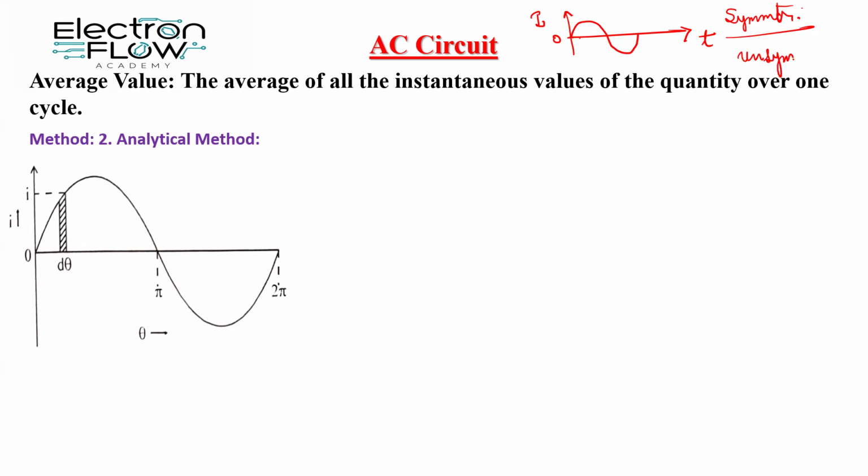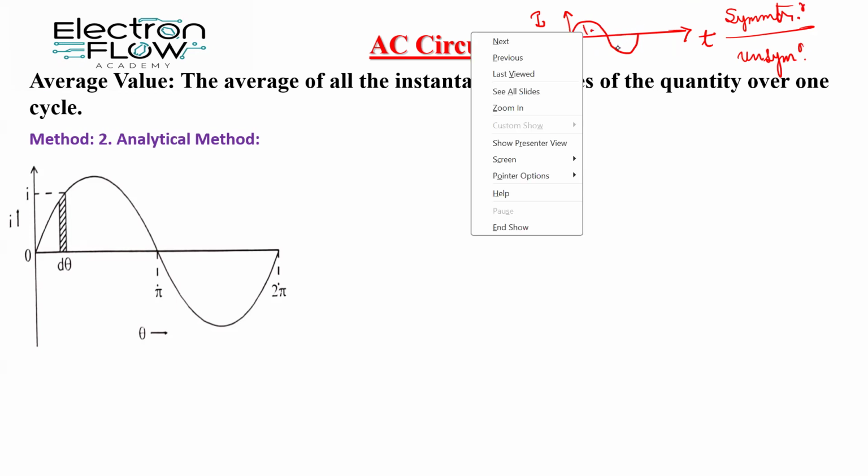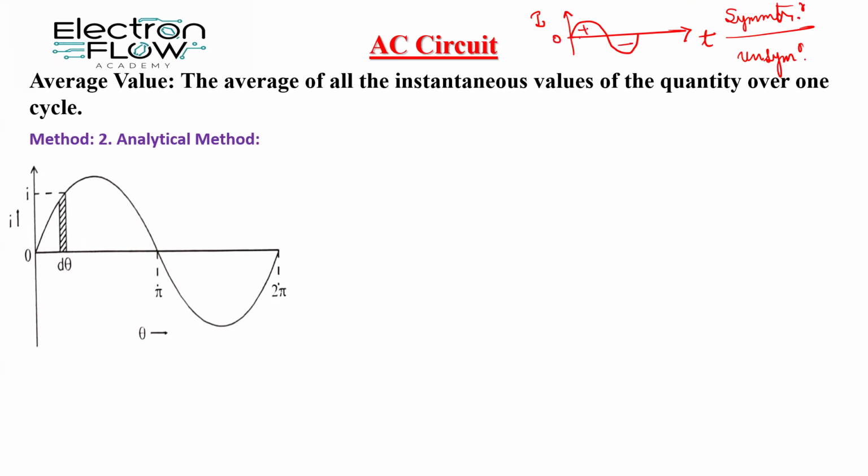This is the representation of the symmetrical waveform. For symmetrical AC quantities, the positive half cycle is exactly identical to the negative half of the cycle.